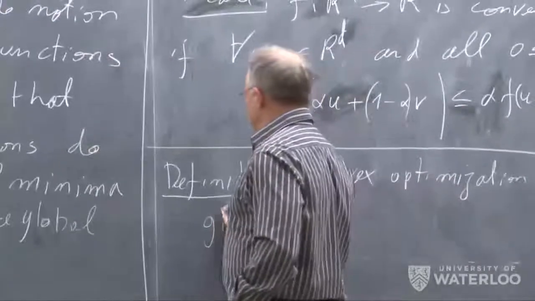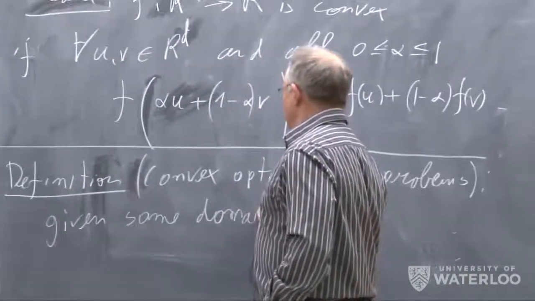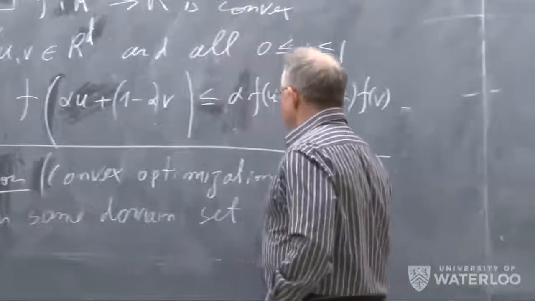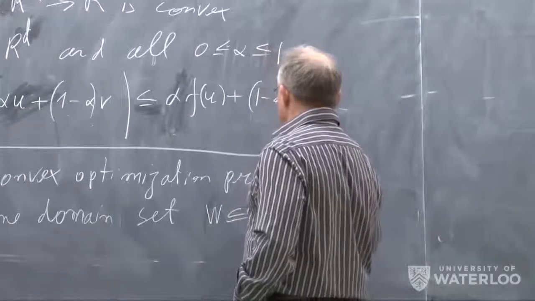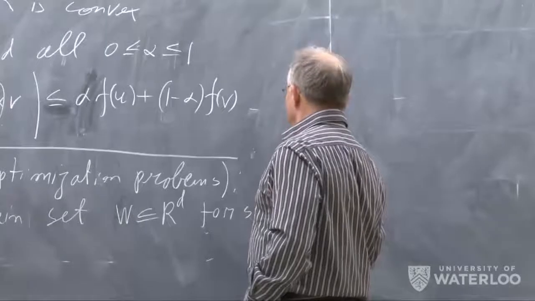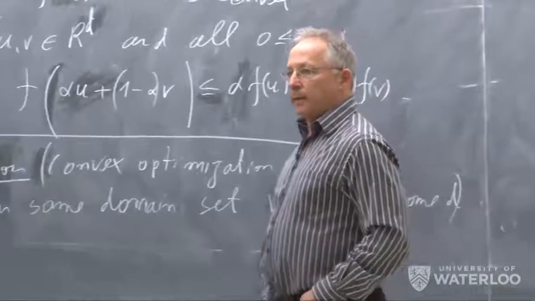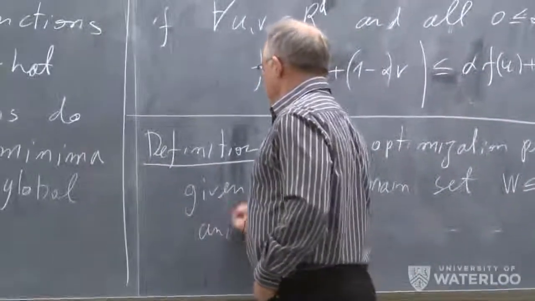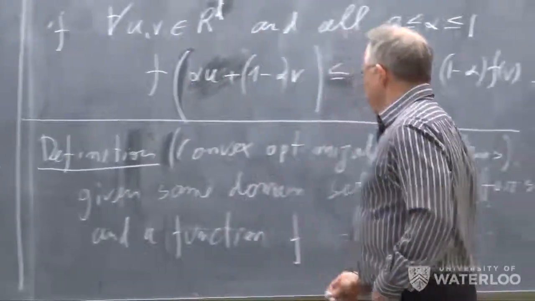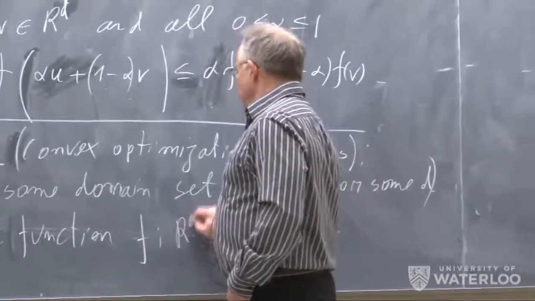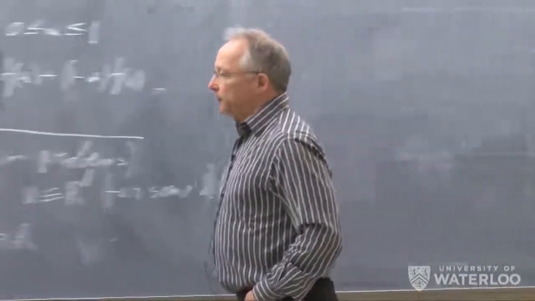You are given some domain set, say W, a subset of R^d for some d, and a function f that goes from R^d to R. So that's your input.